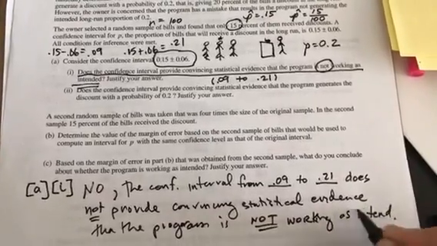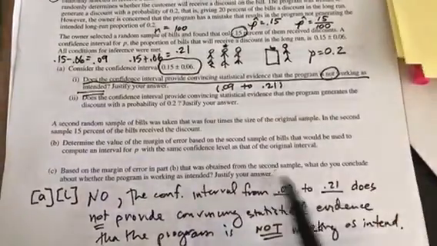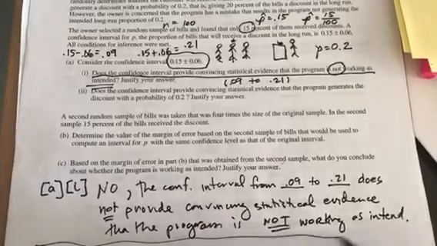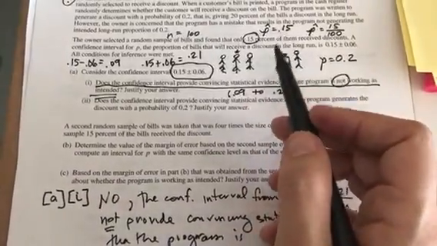The program was designed to work 20% of the time, and 0.2 falls in the interval, so that's that, at least based on the information he collected.